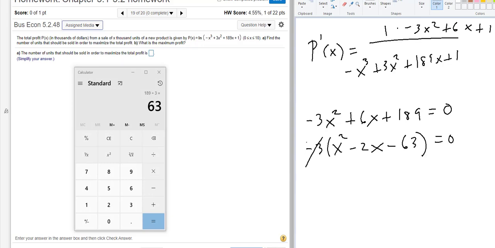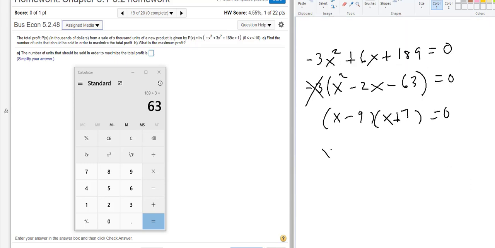Since negative 3 can never be 0, we're interested in the factors, which are x minus 9 and x plus 7. x minus 9 is 0 at x equals 9, and x plus 7 is 0 at x equals negative 7.